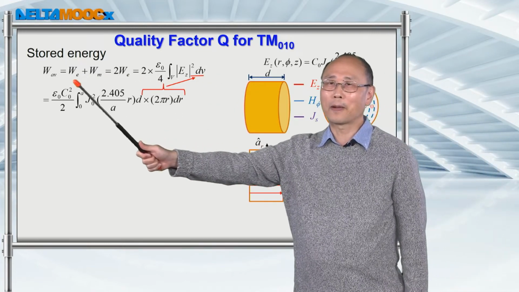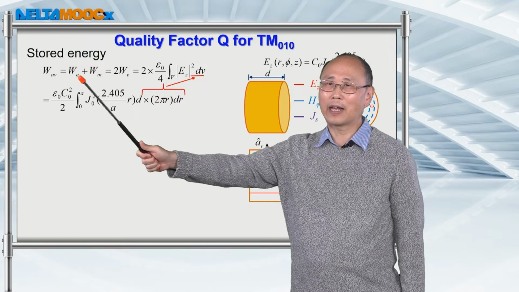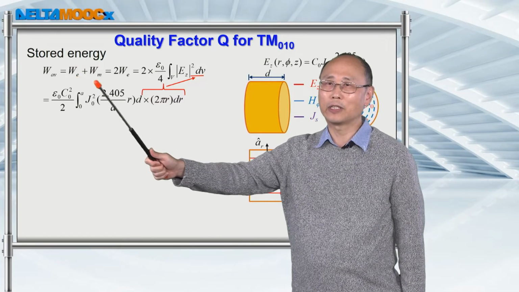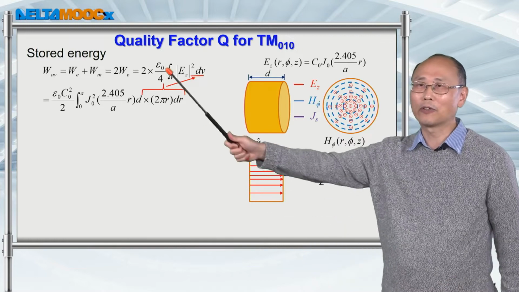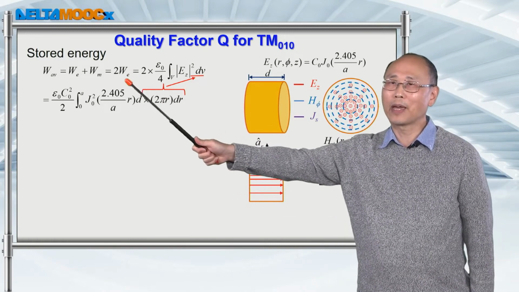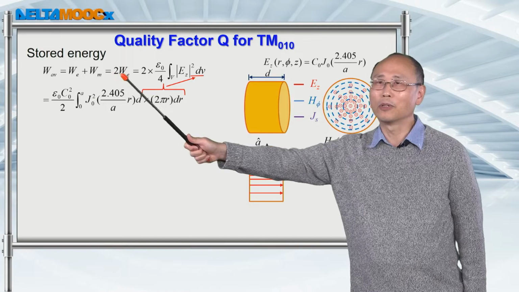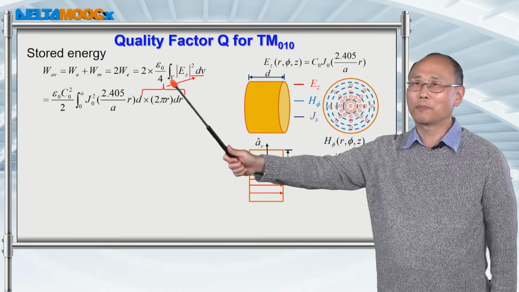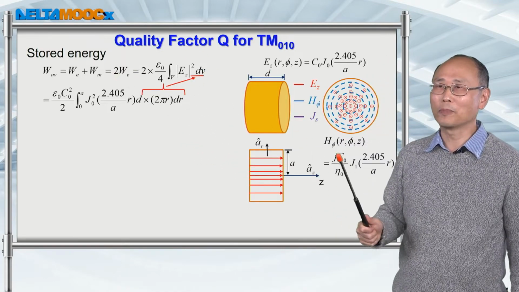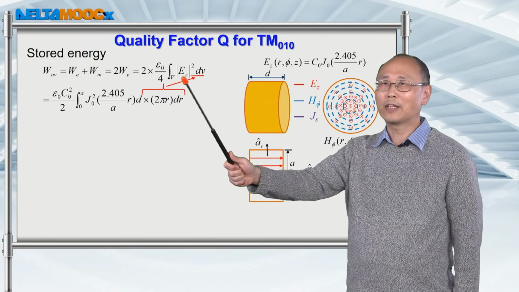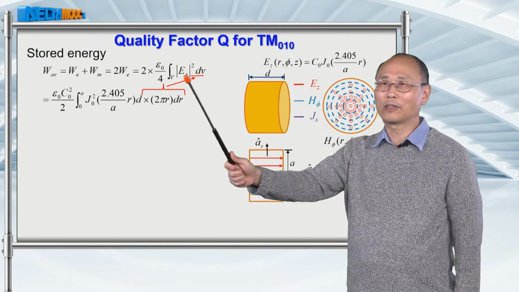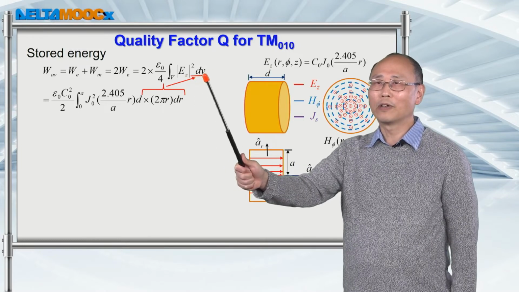But we knew that the average electric energy is equal to the average magnetic energy inside. So you can just calculate one of them and multiply it with the factor 2 to get the final answer. So let's pick the field to be the Z component of the electric field, and then put the energy density inside this integrand, and then integrate over the volume.